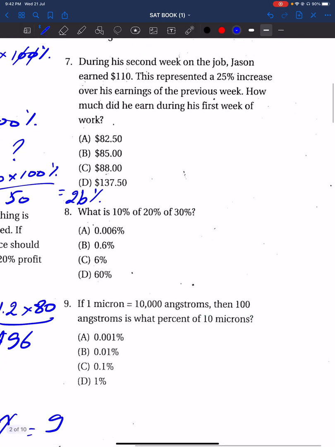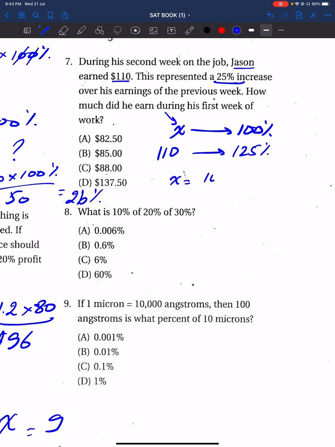Number 7 now. During his second week on a job, Jason earned $110. This represented a 25% increase over his earnings of the previous week. How much did he earn during his first week of work? So here, what you need to think about is that if X is the amount of money he earned the first week, which is 100%, now he's earning 110, which is a 25% increase, which means 125% of X. So what is X now?